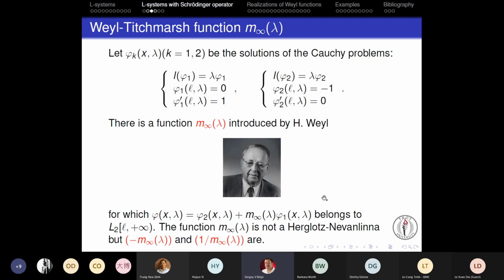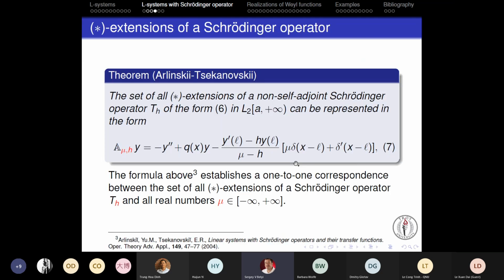What is interesting, though, from our point of view, is that even though m infinity is not a Herglotz-Nevanlinna function, its negative is, and its reciprocal is. And we will try to use this fact in what follows.